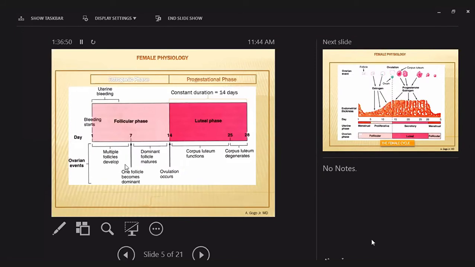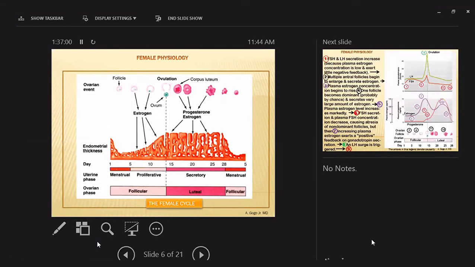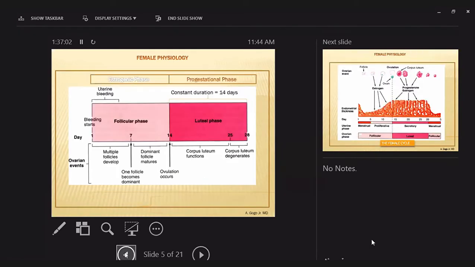So once ovulation takes place, what happens? Corpus luteum is produced. The scar where the ovum comes from. So sort of a case, okay?